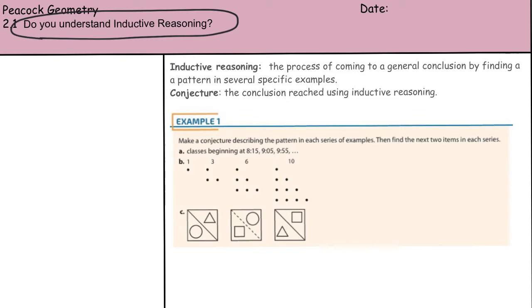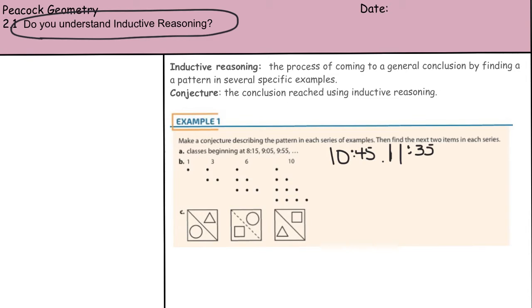So 50 minutes from 9:55 would be 10:45 and then 11:35. Because each class starts 50 minutes from the previous start time.